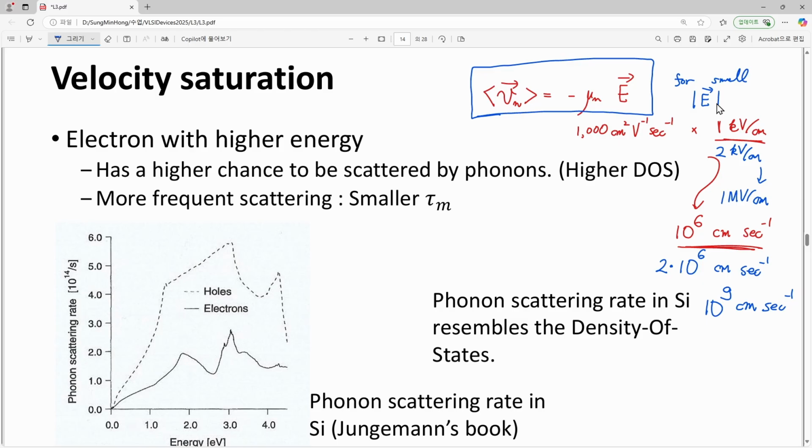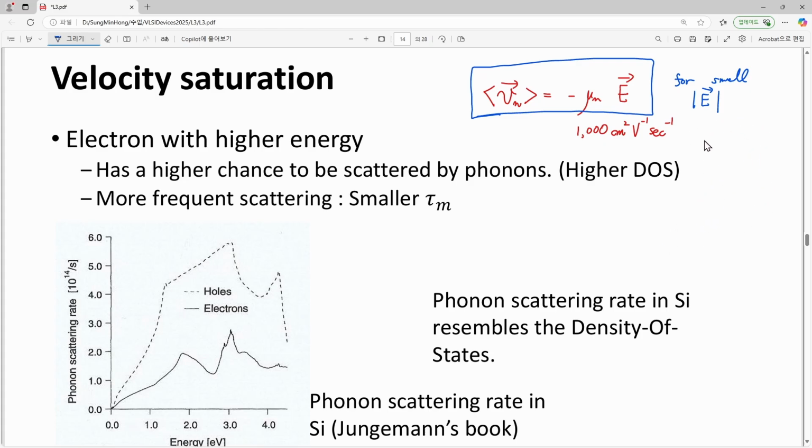However, if we go to a higher and higher electric field, the amount of scattering experienced by our high energy electron rapidly increases, so velocity cannot linearly increase any further.